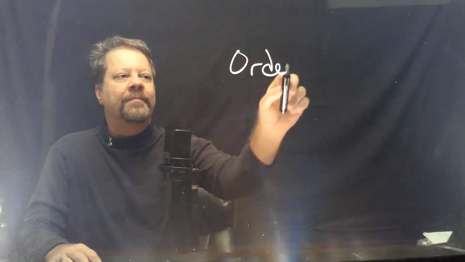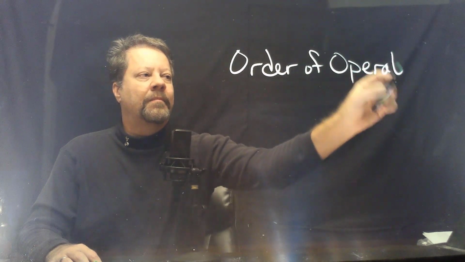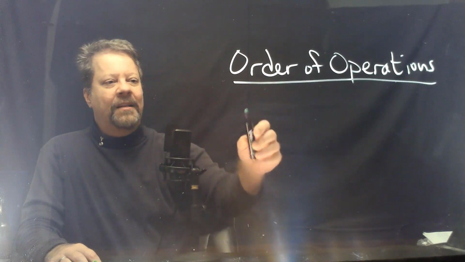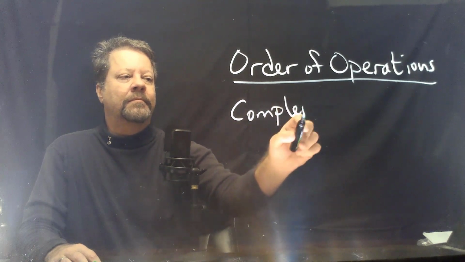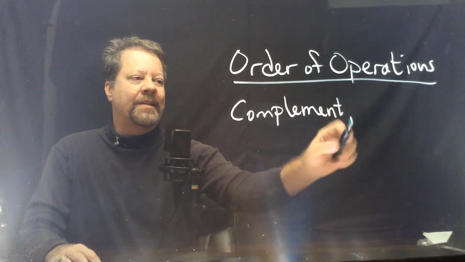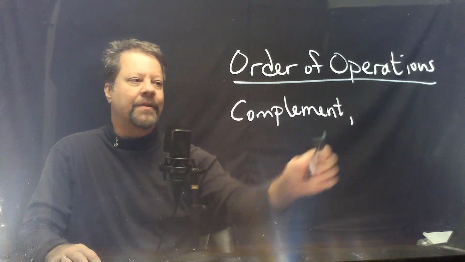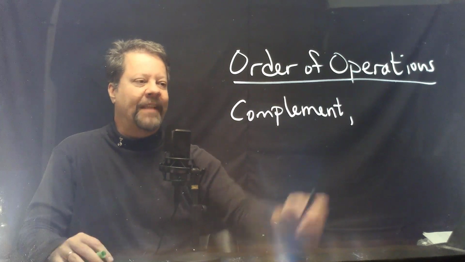It's a direct correspondence, but we need an order of operations. In particular, the complement has highest precedence. So in any expression, complement goes first, of course parentheses perhaps on top of that.